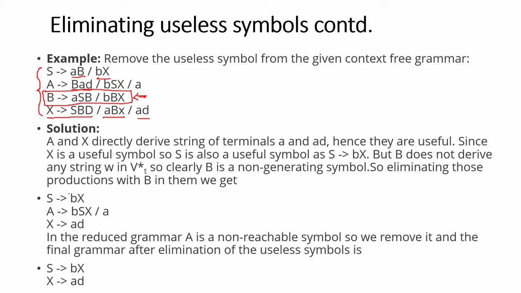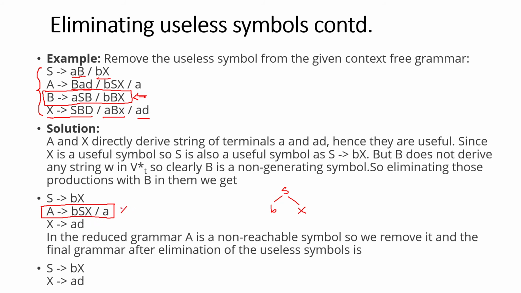If you start from S, obviously S is the start symbol, and if you want to derive some string, you have to start from S to b capital X. Now from this capital X, you have only one option, small a and capital D. Whatever option for X you have, one thing is sure, there is no capital A in the right hand side of the production rule of X. If there is no capital A in the right hand side, that means surely this capital A production doesn't make any sense to keep.